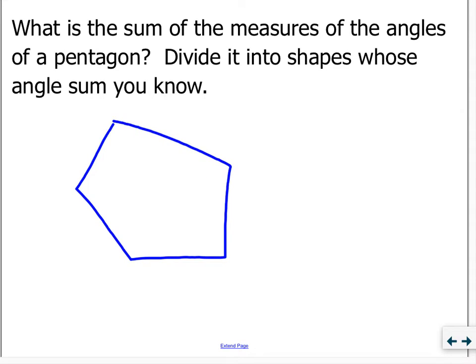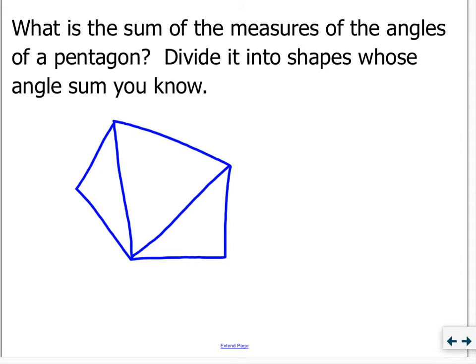So maybe what I'll do is I'll draw in some diagonals to it. I'll draw that one in there. And I probably do not want to draw a diagonal that crosses that one, because that's going to make a lot of other shapes in there whose vertices, like other triangles or other figures, whose vertices are not the 5 vertices of the pentagon. So maybe I'll go from this same vertex and go up here.